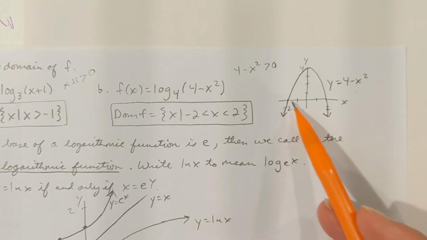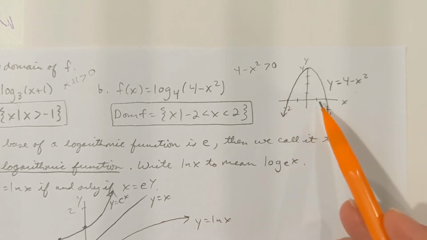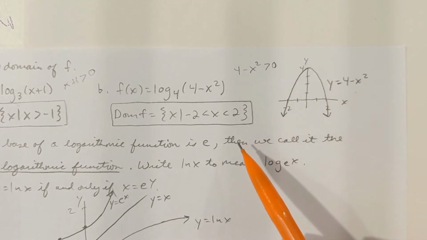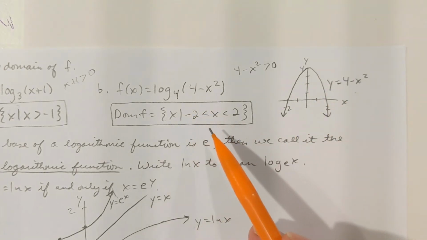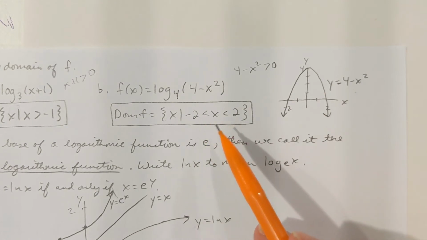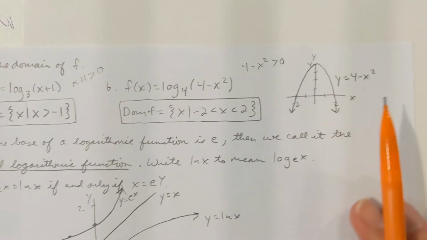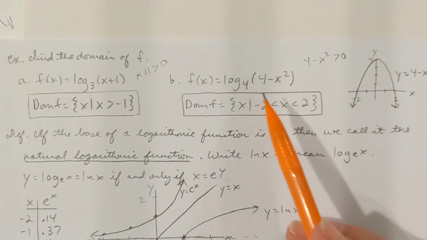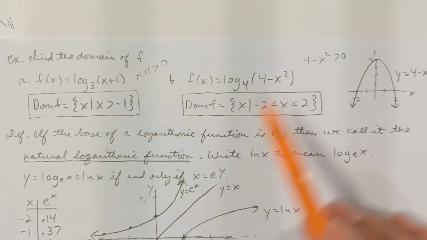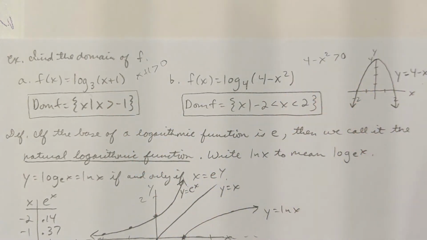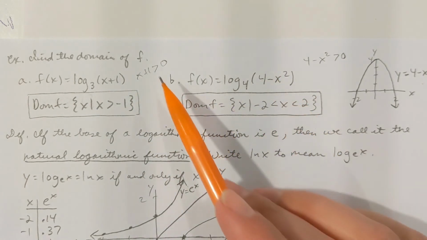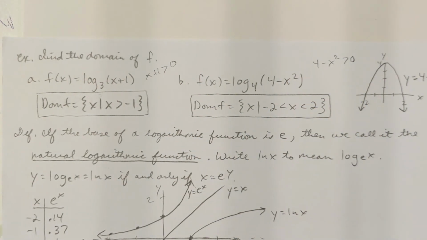Well, you can see if you're between negative 2 and 2 on this picture, that point is going to be above the x-axis. So the domain of f would be the set of all x such that x is between negative 2 and 2. Notice how in these problems the base is not relevant to anything that I'm doing. We don't care what that number is. So it's the overall input that has to be positive when you're finding domain.